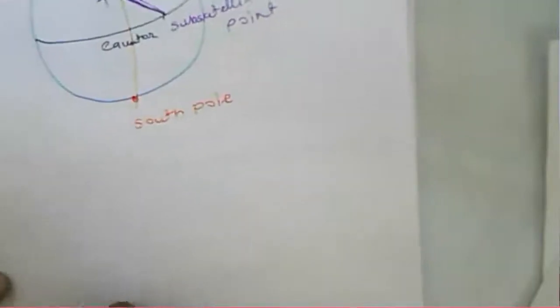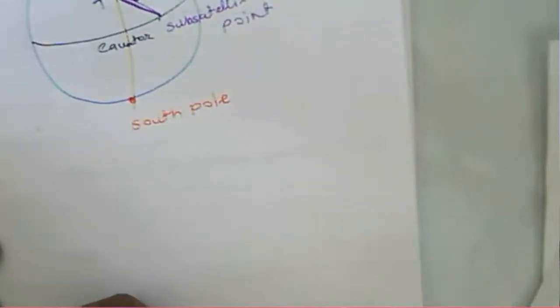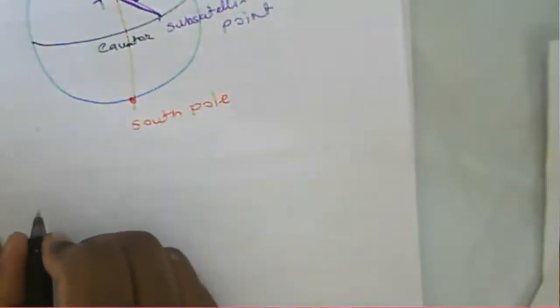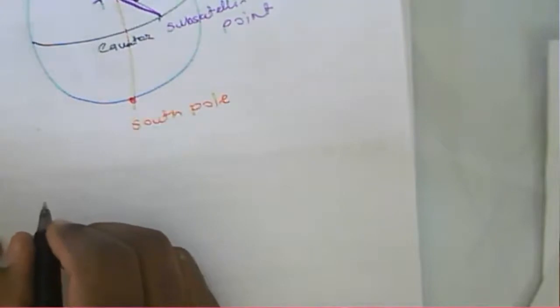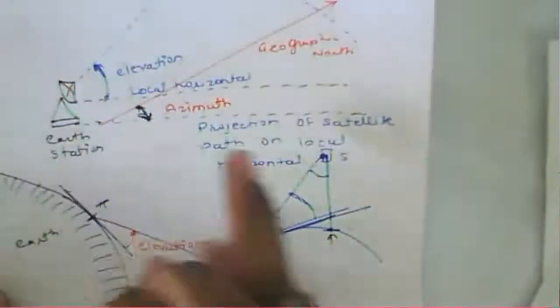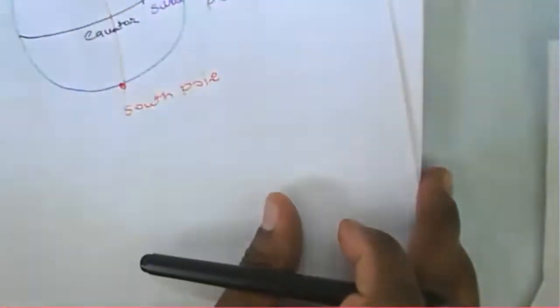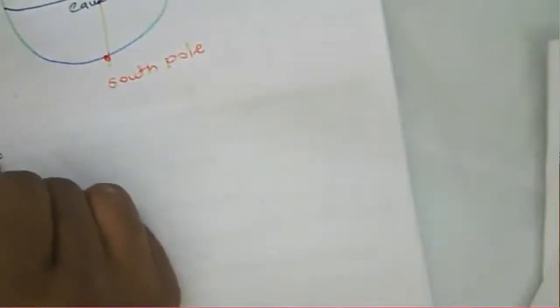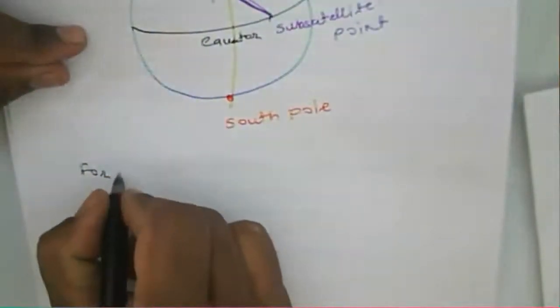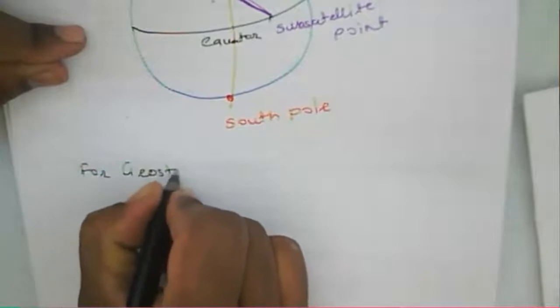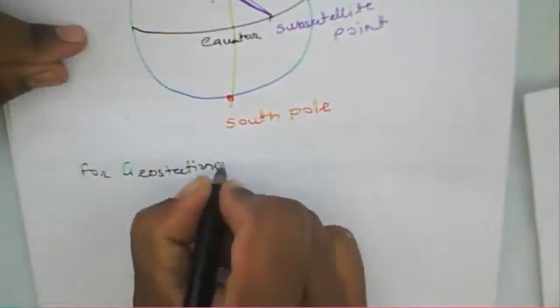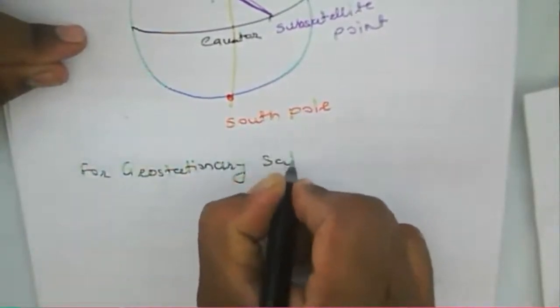Generally for the geostationary satellite, the maximum elevation angle can be 90 degrees.